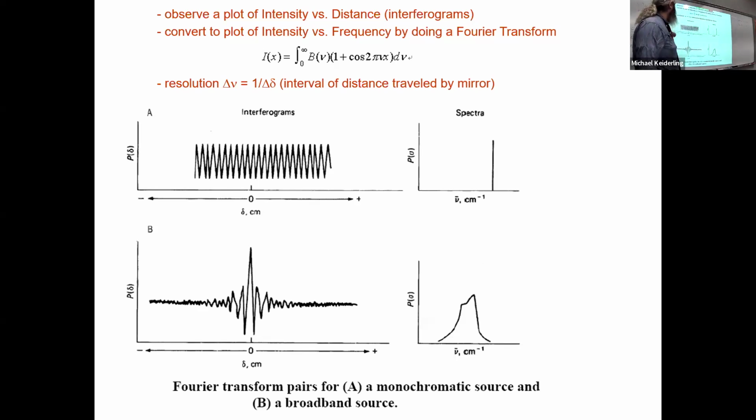And so you can take this displacement over centimeters, which is really a time thing because you're measuring it as you move the mirror back and forth. And then you can do a Fourier transform to convert it from this intensity versus distance or time to intensity versus frequency. You can extract the frequency data with the Fourier transform.